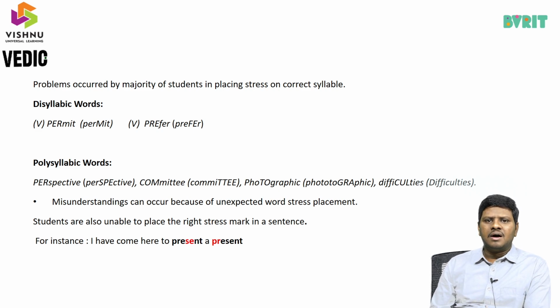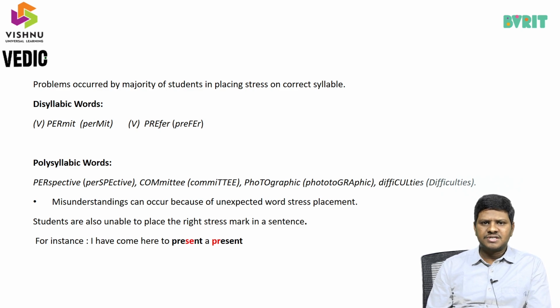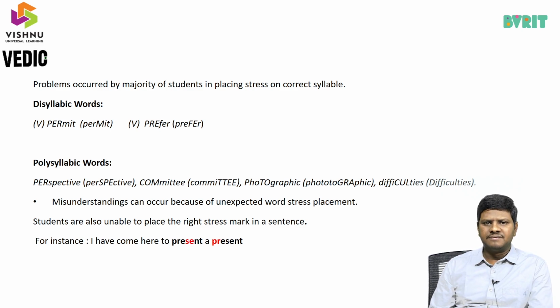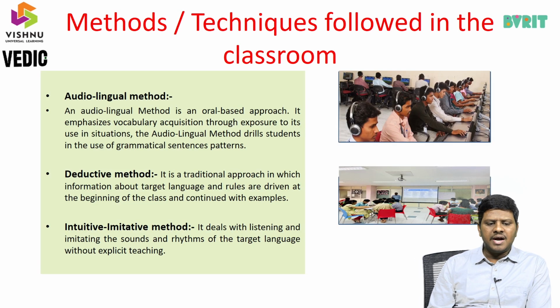For example, present, they are saying present in the place of present. So the first word is used as a verb, the second word is used as a noun, but the pronunciation differs, and as the grammatical function changes, the syllable stress changes.